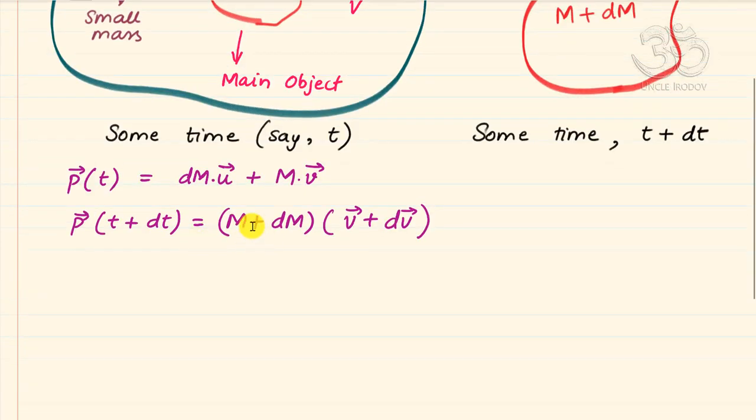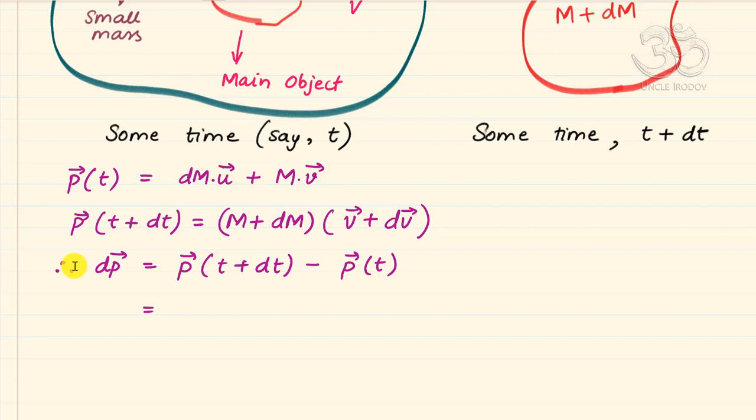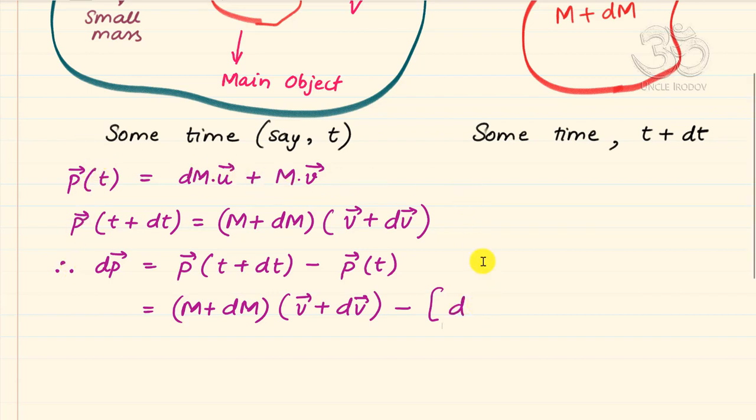And then I can figure out the change in momentum, because I know the initial momentum and the final momentum. Therefore the small change in momentum in that small amount of time dt is equal to p at t plus dt minus p at t, which will be m plus dm multiplied by v plus dv, minus the expression dm multiplied by u plus m multiplied by v.